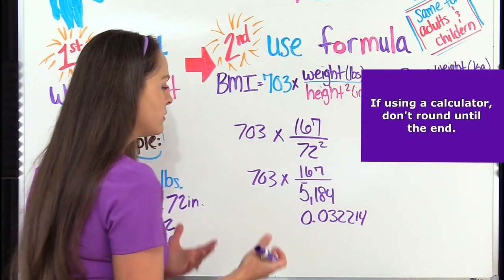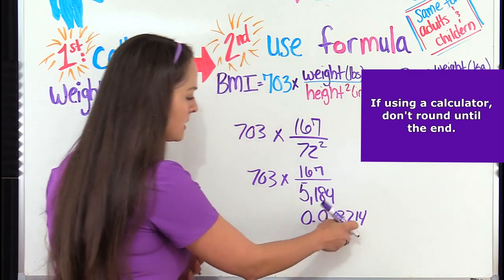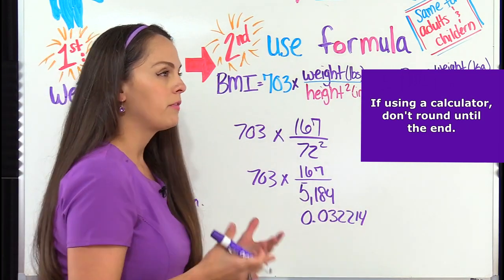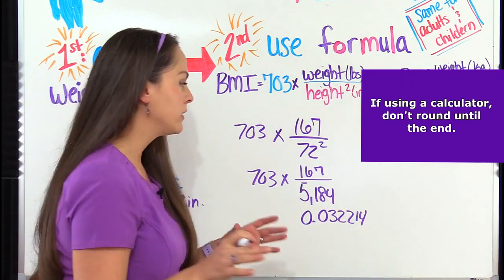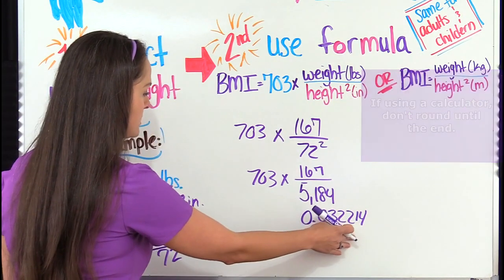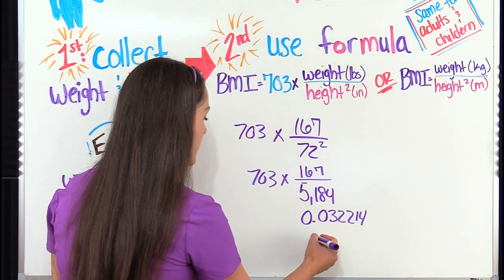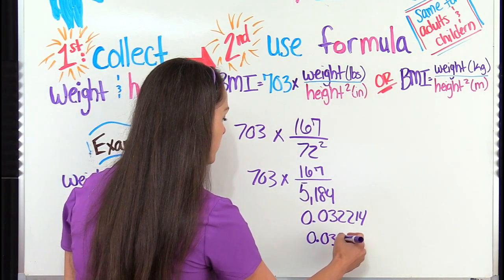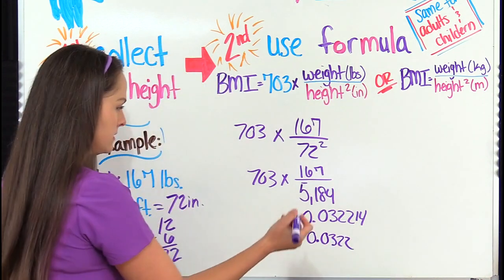So we're going to round to the 4th decimal point, which is the 10,000th place. Now round how your professor wants you to round, so follow their rounding rules. But we're going to round to the 4th decimal place, which will give us 0.0322. Makes things a little bit simpler.